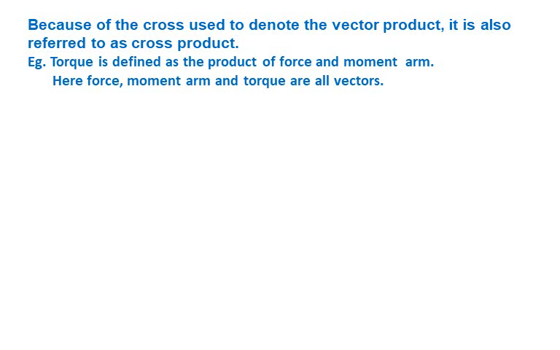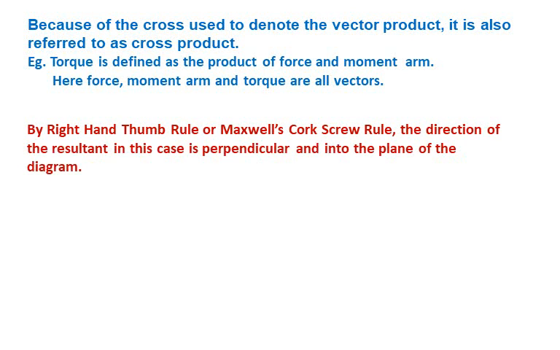Because the cross is used to denote the vector product, it is also referred to as the cross product. For example, torque is defined as the product of force and momentum. Here force, momentum and torque all are vectors.